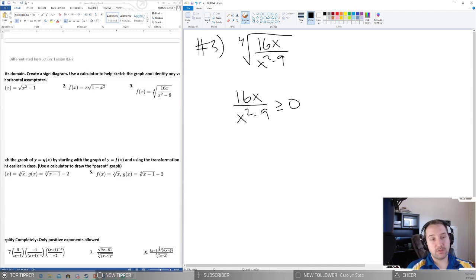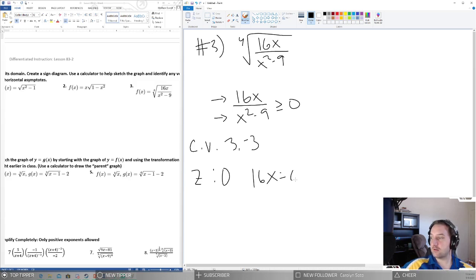So with a rational inequality, we need to find the critical values and the zeros. So the critical values are things like what make you divide by 0. So my critical values, if I set x squared minus 9 equal to 0 and solve, you should get 3 and negative 3. And then my zeros, if you set the top equal to 0, your only zero should be 0. Because that would be 16x equals 0. Divide both sides by 16. Get x equals 0.